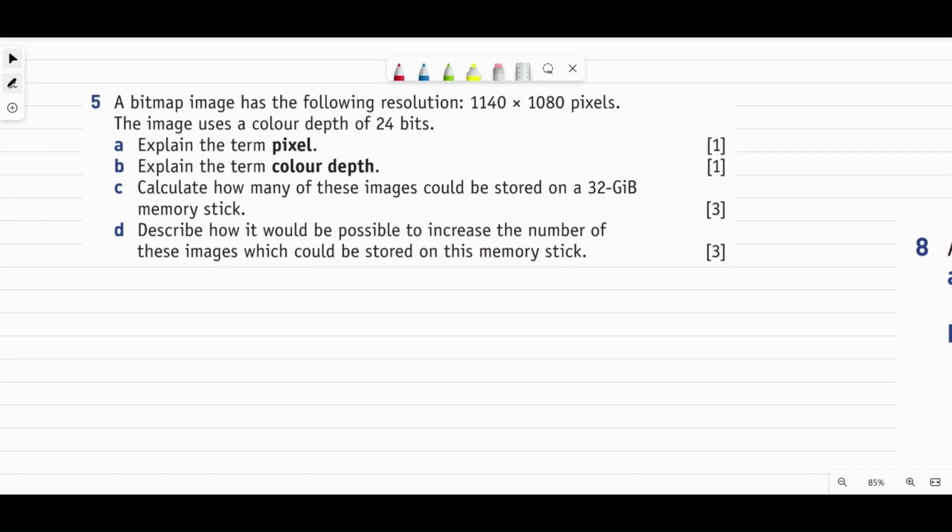Okay, so now I'm gonna move to the second question, and we'll try to do it as fast as possible. Change the ink. Okay. Explain the term pixel, the part A. The pixel is picture element. It is actually from the book of Hodder Education on Computer Science for O levels. Picture element.